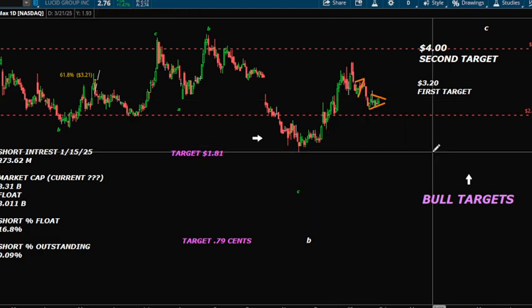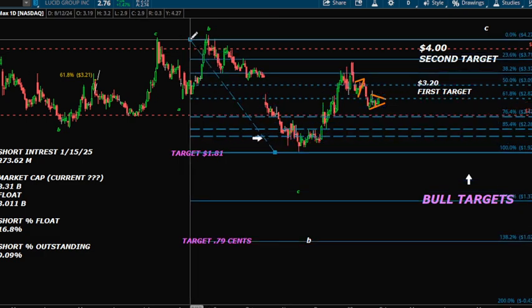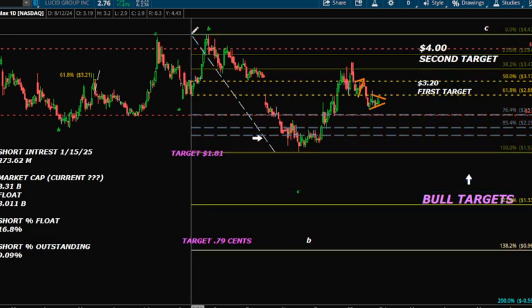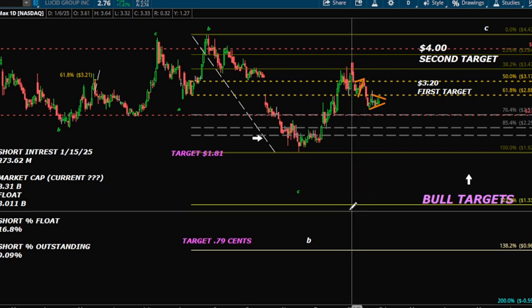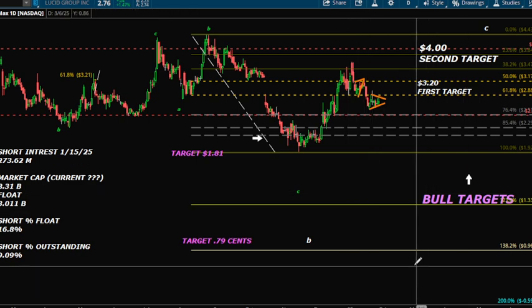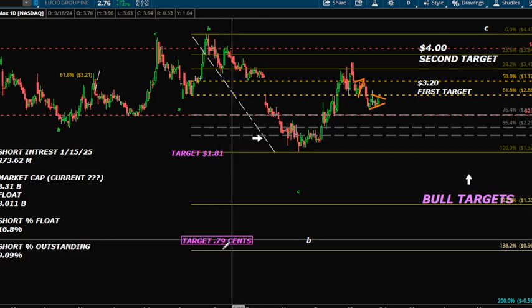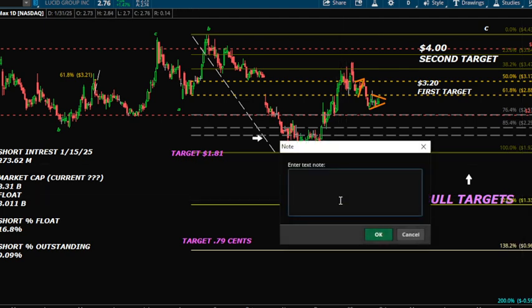Now, for the bear case, $133 and 96 cents. I had 79 cents out from November. 96 cents.